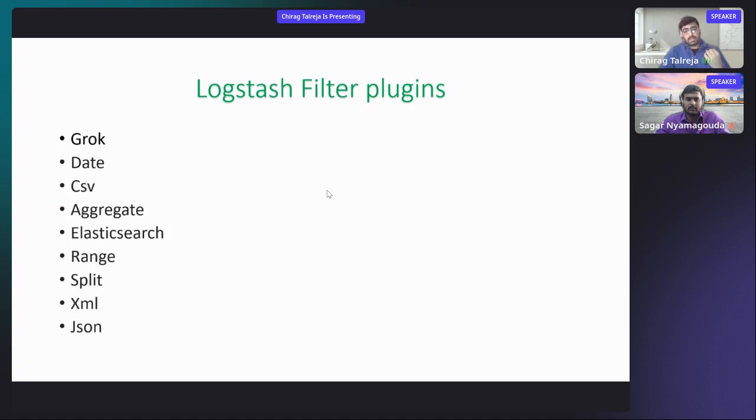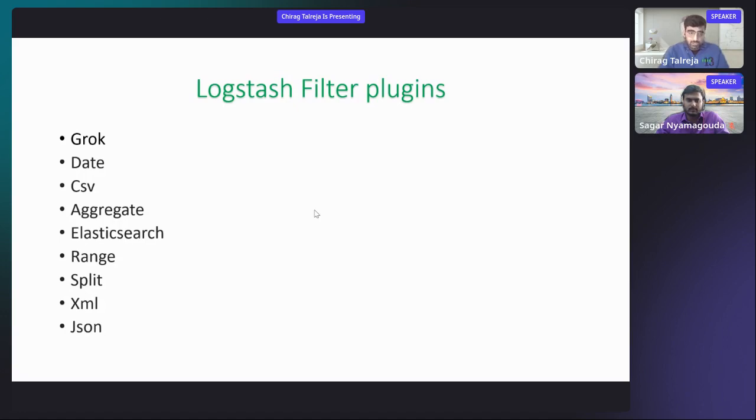The indices have the pre-existing data, and while processing our current pipeline, when we want to join those two data sets, that's where the Elasticsearch filter plugin proves useful, when you want to connect to Elasticsearch and fetch any pre-existing data. This is one of the use cases of the Elasticsearch filter plugin.